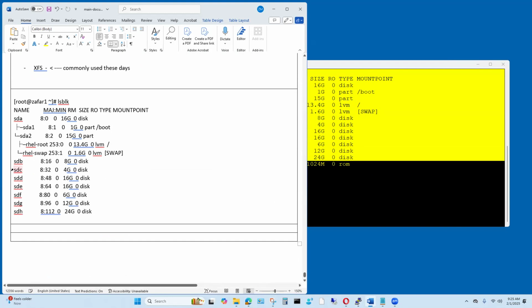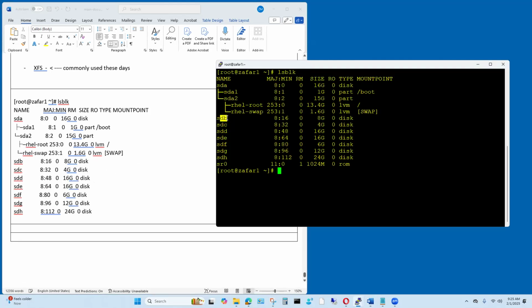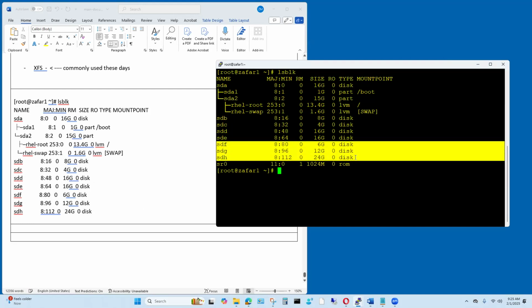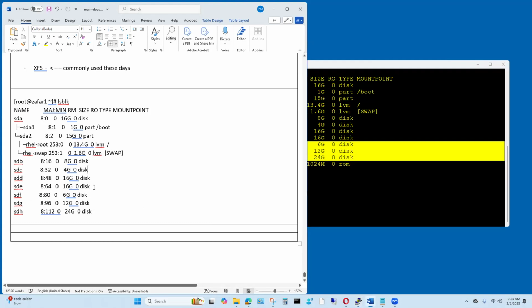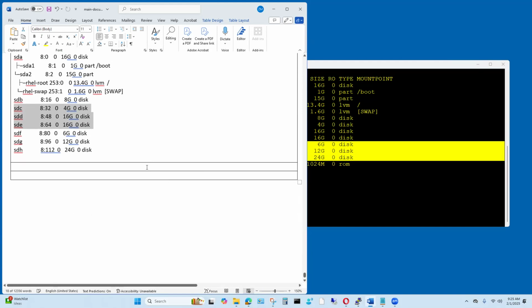We're gonna use these volumes here. By the way, you can use B, C, whichever one you want, because these are not the OS disk anymore. These are called data disks. I'm going to use 3 disks here.